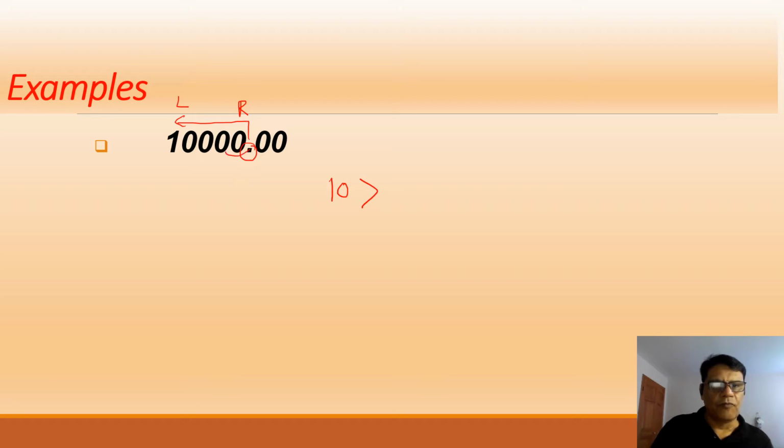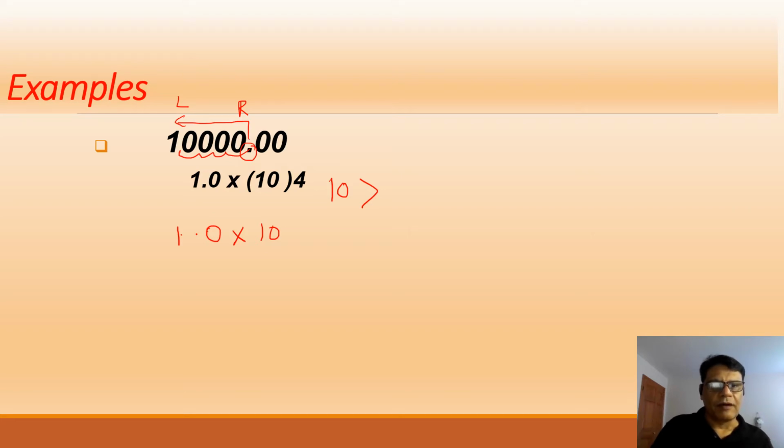So let's move 1, 2, 3, and 4. Now 1.0 multiplied by 10, and the exponent of the 10 will be the number of counts that you have moved your decimal towards the left.